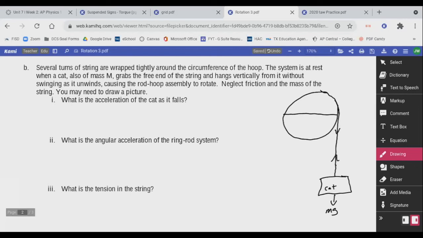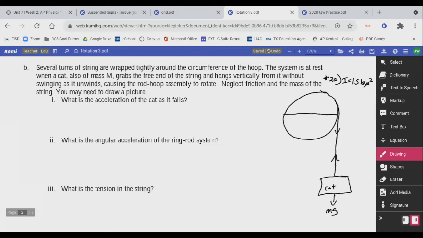And if we want to just put a note in from number 2A, we said that this system's rotational inertia is equal to 1.5 kgm squared. All right, that's just our solution from the previous part of this problem.